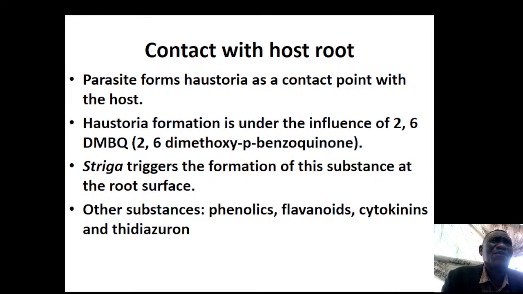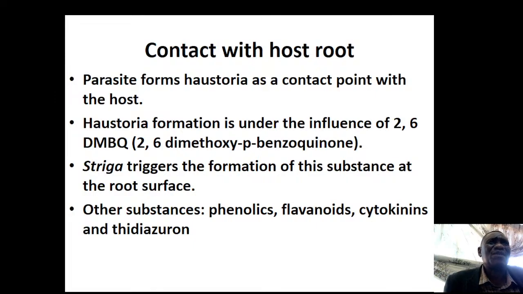The haustoria formation requires 2,6-DMBQ, or 2,6-dimethoxy-p-benzoquinone. Striga triggers the formation of this substance at the root surface, where other substances may also play a role.